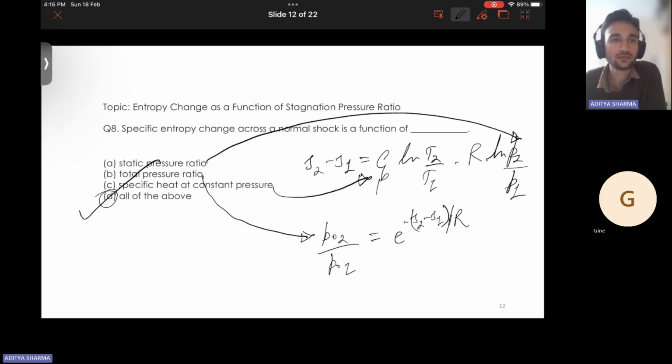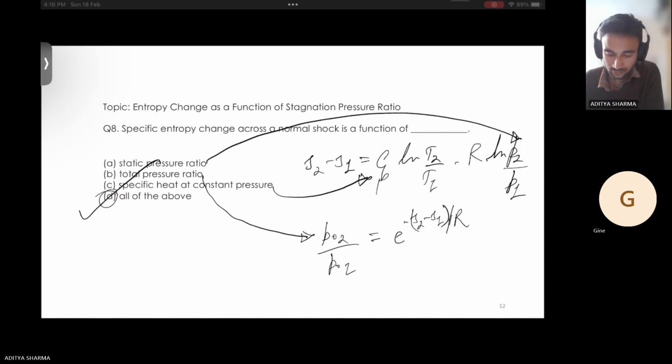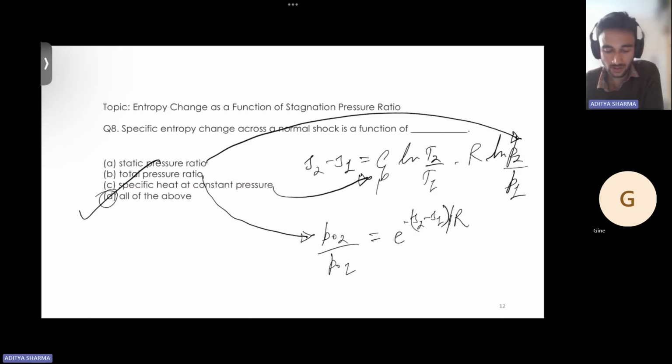So let's move on to our next question. So in this assignment, you have one question related to this topic, a numerical question related to entropy change, question number 9. All right.